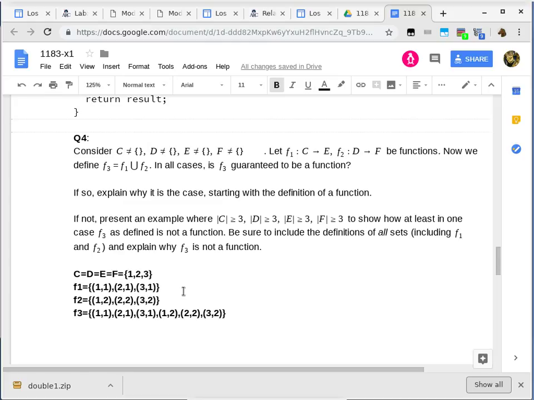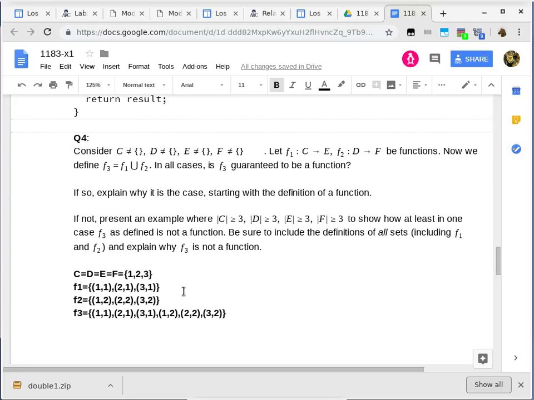The union has a problem, because now you can say, wait, 1, which is an element of the domain, is mapped to 1. It's also mapped to 2. That's not good, because in a function, each element of the domain should map to one element in the codomain. This is mapping it to two elements of the codomain. It is not a function anymore.